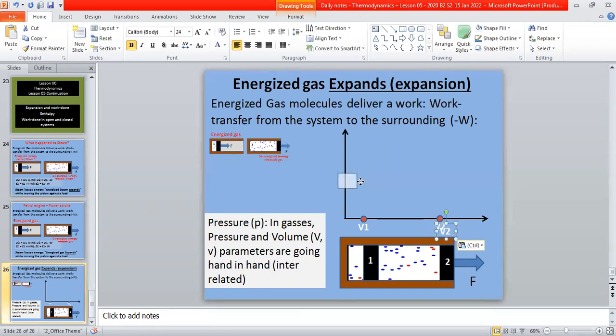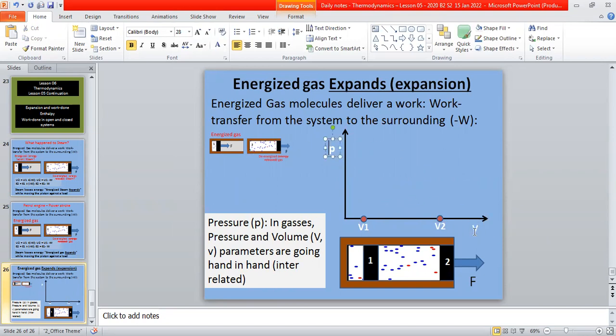So PV graph or PV curve. So one axis is pressure. Okay. One axis is pressure. So the other axis is volume.